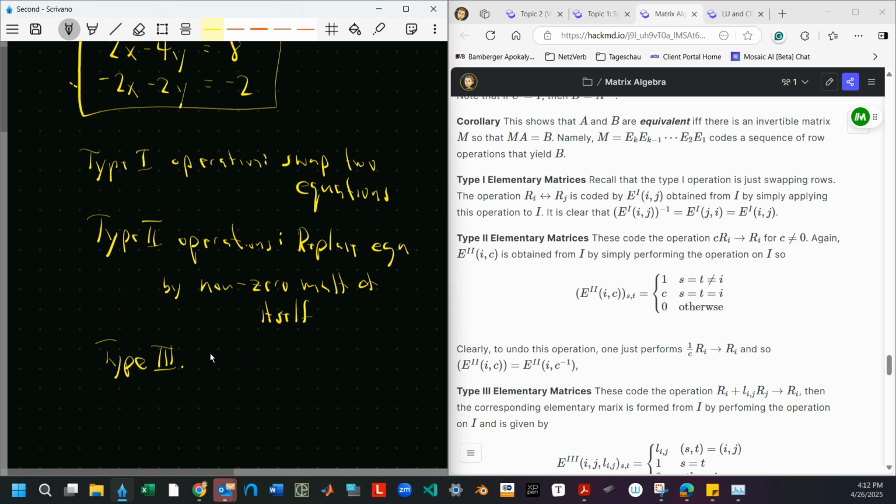And so what I want to do is add a scalar multiple of, say, row sub i, or equation sub i, to row sub j, and replace the result with row j, or equation j, right?